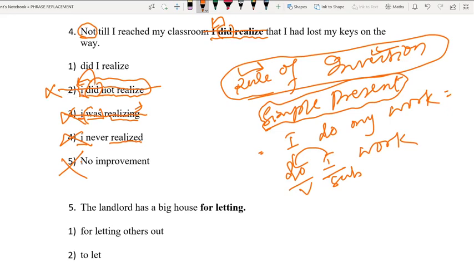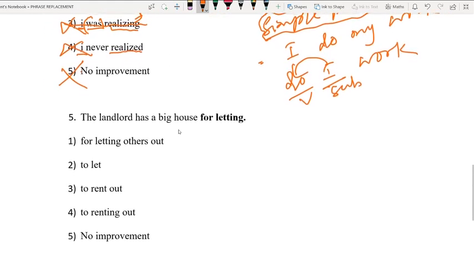So now we are left with only one option, that is option number 1, which from all points of view has followed a correct sentence structure and correct grammatical form, and hence question number 4, option number 1 is absolutely correct.